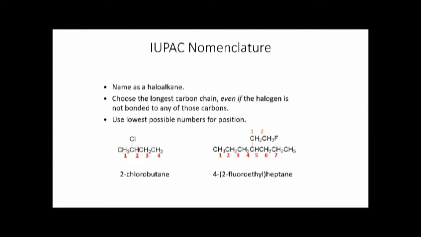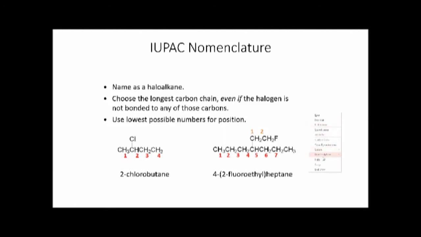Basically, for alkyl halide, the IUPAC name works like this: we place the alkane as our main chain or parent chain, whereas the halogen atom will be the substituent. So how do we do this?